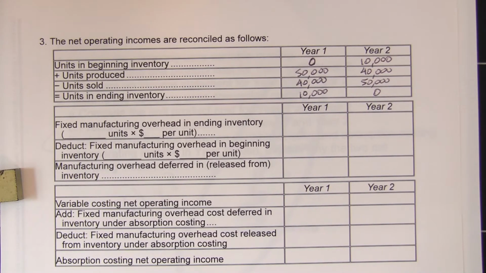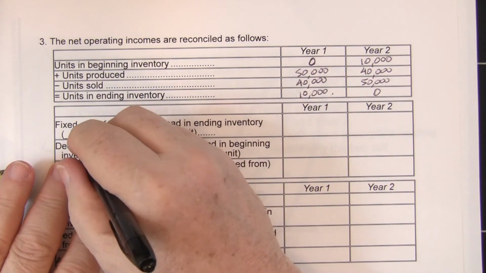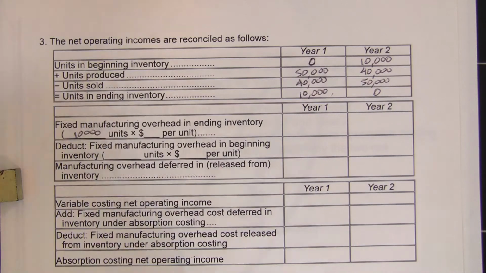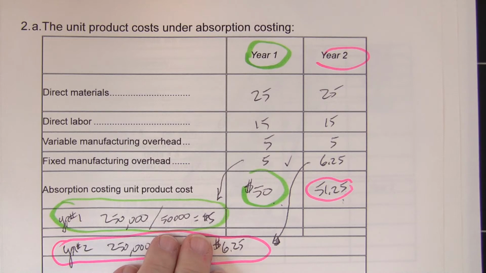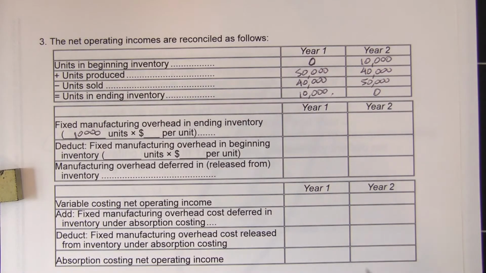So now let's take a look at the fixed manufacturing overhead in each year. Fixed manufacturing overhead in the ending inventory for year 1: we had 10,000 units left over. And remember, that year we said we had $5 as part of the fixed manufacturing overhead that we were putting to inventory.